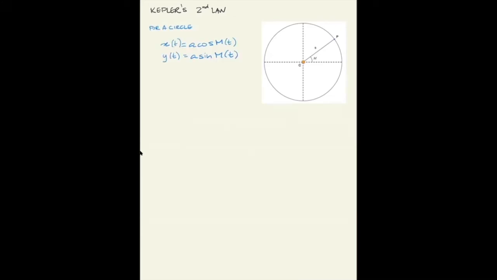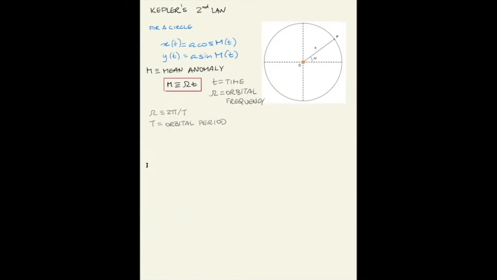Now, m is called the mean anomaly, and it is equal to omega times t, where omega is the orbital frequency and t is the time. Now, the orbital frequency is 2 pi over the orbital period, call it big T.